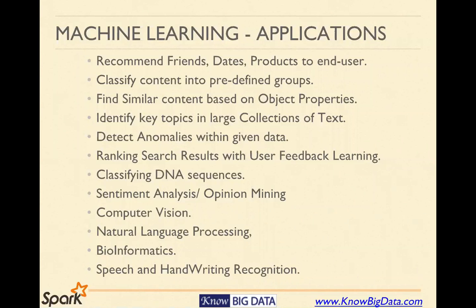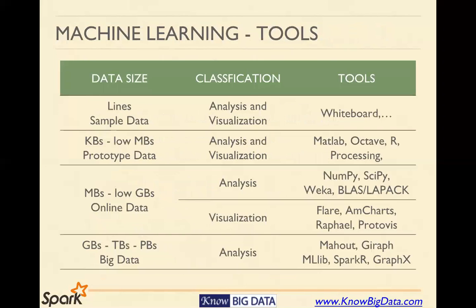Speech, vision, and NLP are some of the branches of AI. Basically, wherever you have huge data and complex algorithms, we generally try to take advantage of machine learning. So these are some of the examples.